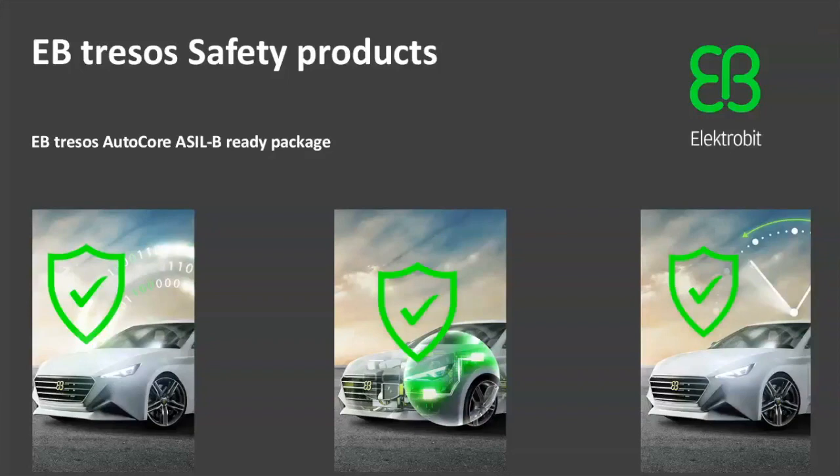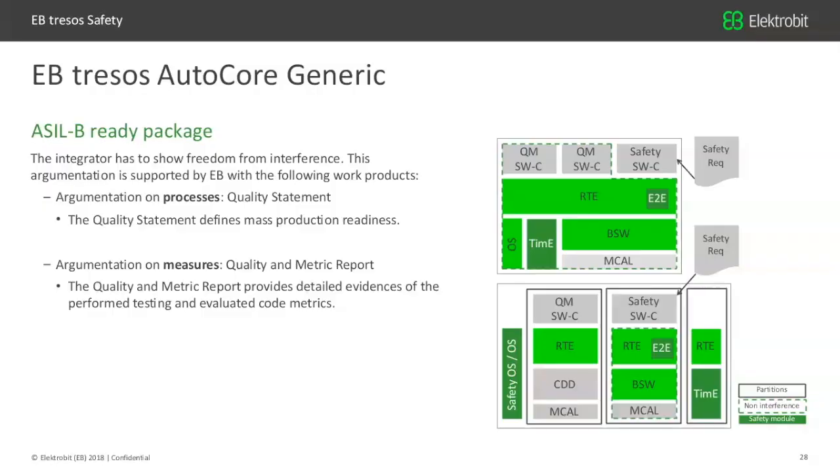This is a safety argumentation, not purely relying on the safety products, so they still play a major role here. It's concentrating on the spatial domain, and it is a process argumentation based on quality and the development process of the basic software in this case.